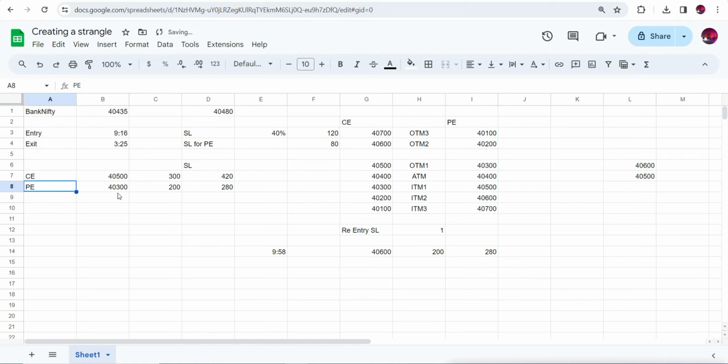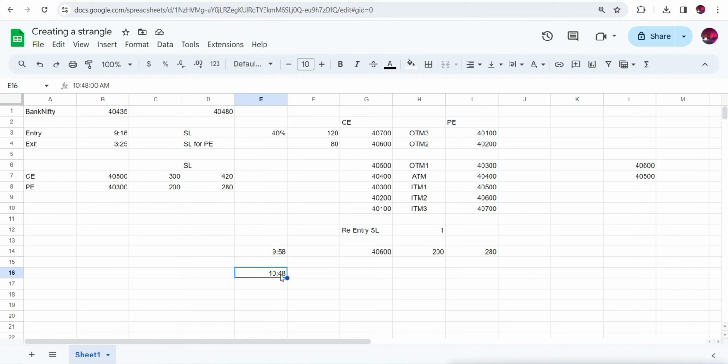For example, we sold at 200 at 9:16, and 280 is our stop loss. Assume at 10:48 our stop loss is hit for the put leg. Now how the re-entry on stop loss works is, as soon as our stop loss is hit at 10:48, it will select a new out of the money put strike.